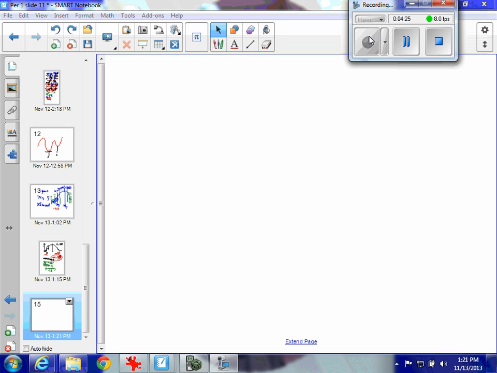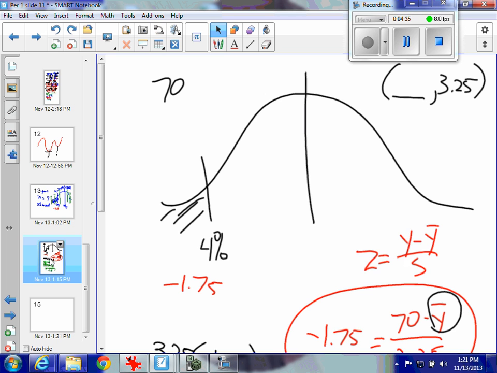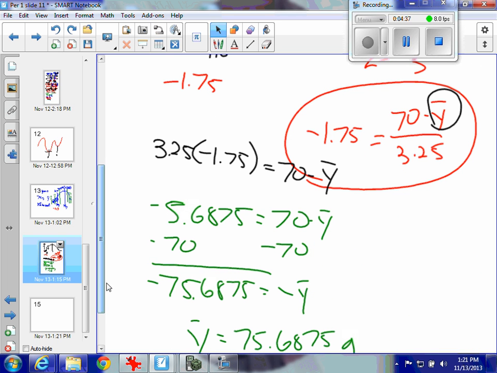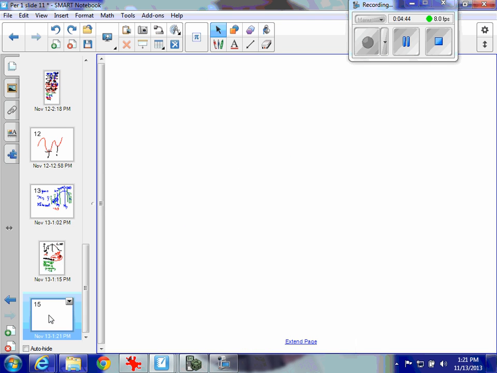Okay. So the researchers produce a new variety with a mean of 75 grams, which meets the new 4% goal. Is that right? 75 grams? Pretty close. Close enough. Oh, no, I take it back.